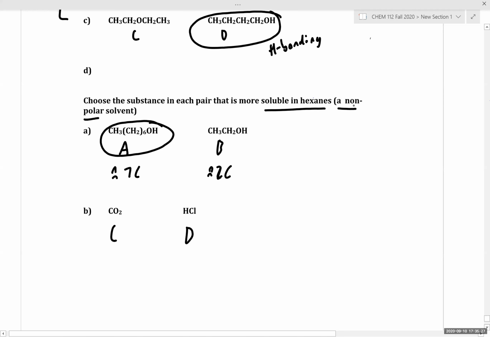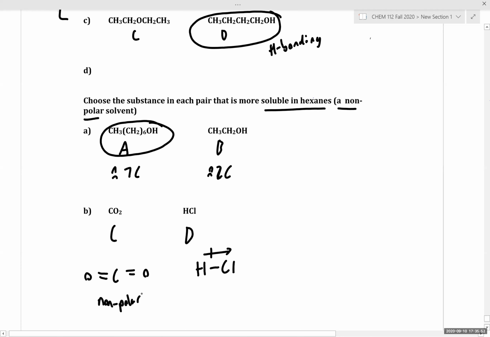If we compare carbon dioxide and hydrochloric acid, which of these molecules is polar? D is polar, okay, and C is nonpolar, right?